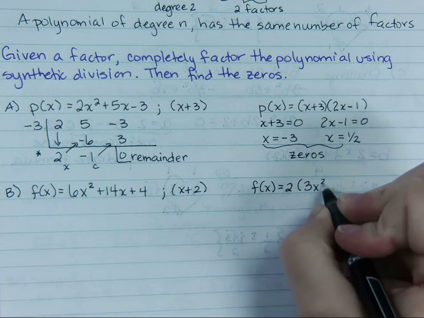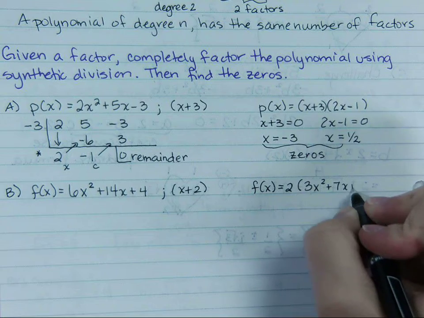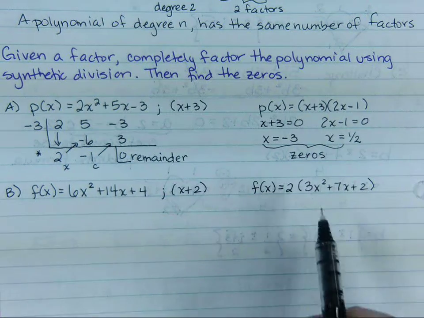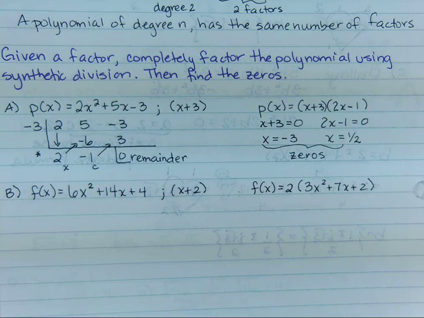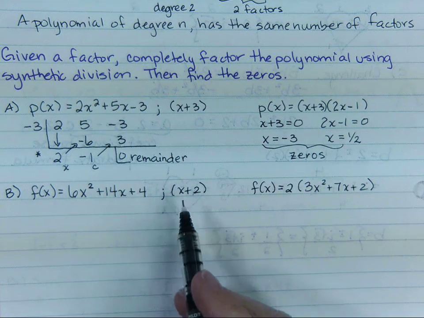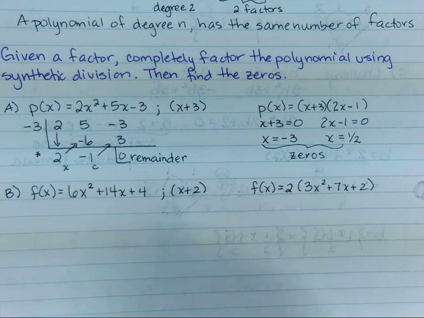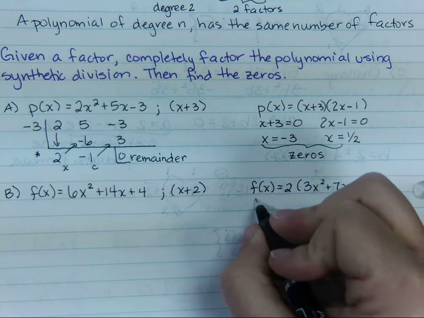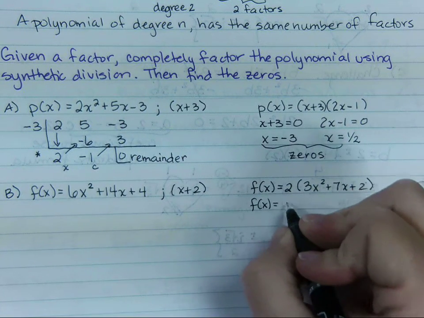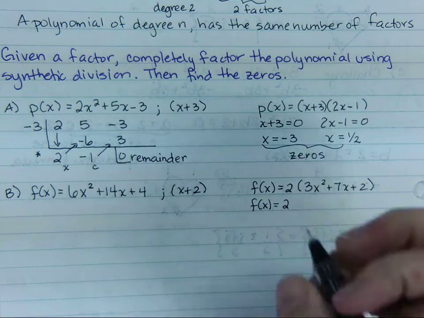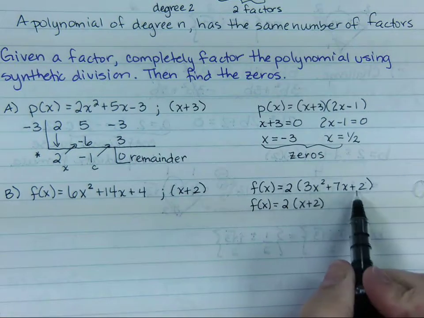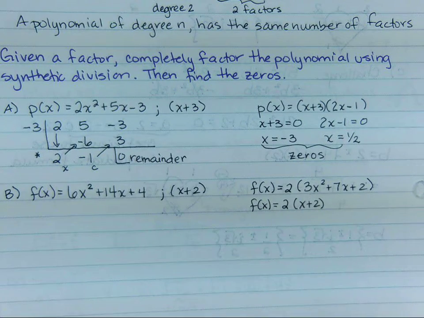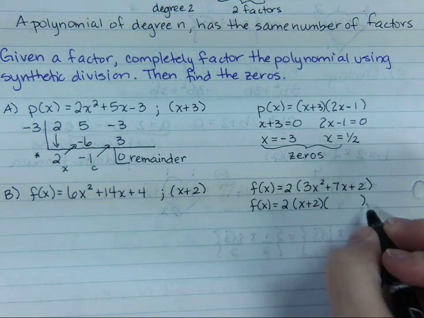And so when I go to look at the polynomial that's remaining, this is the polynomial I want to work with when I am using the x plus 2 in synthetic division. So right now, I still have the factor of 2, but I also have a factor of x plus 2 that comes from this 3x squared plus 7x plus 2. And I do need to still find my other factor.